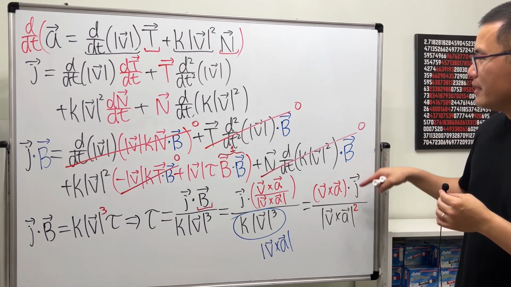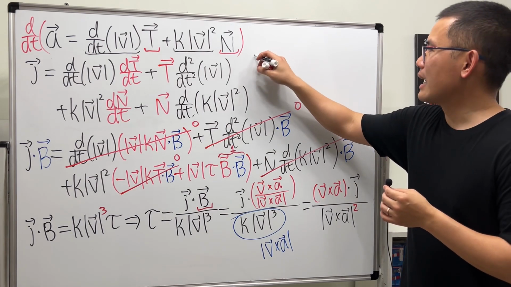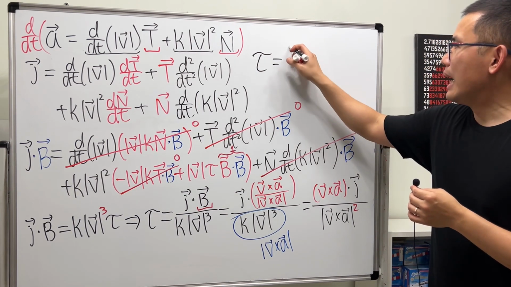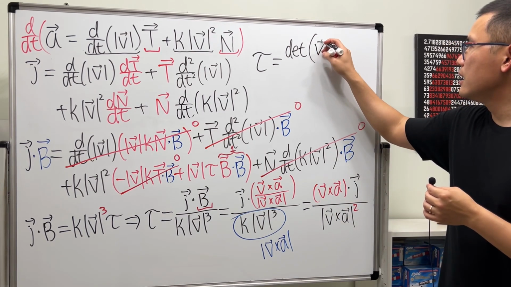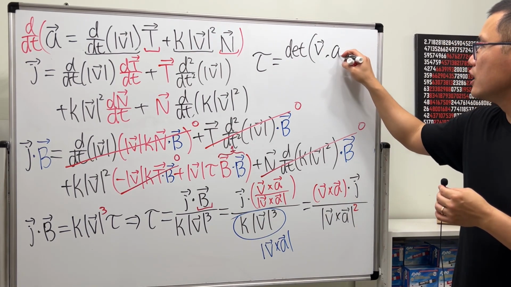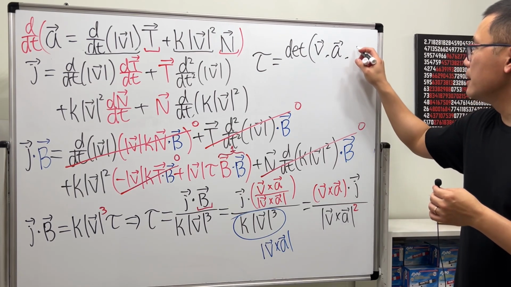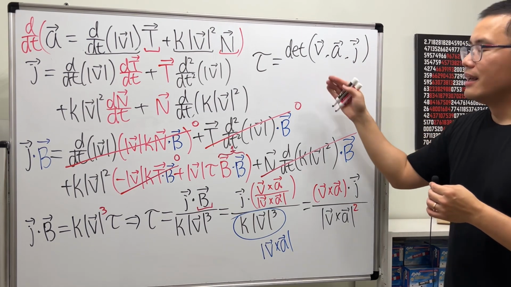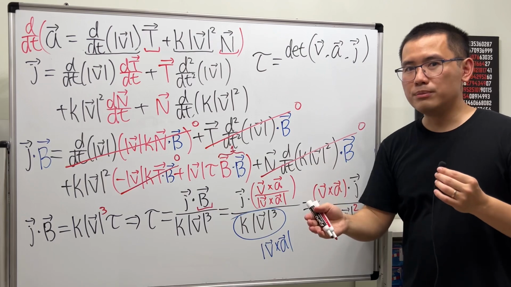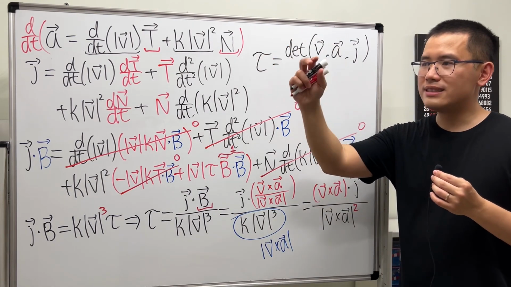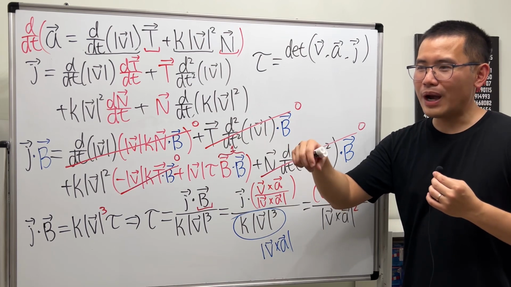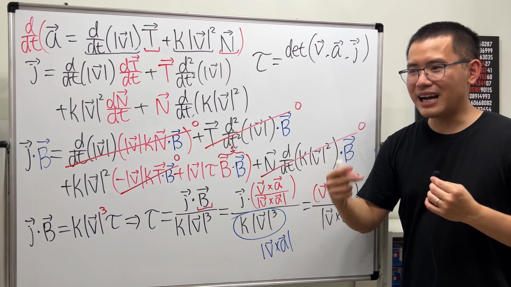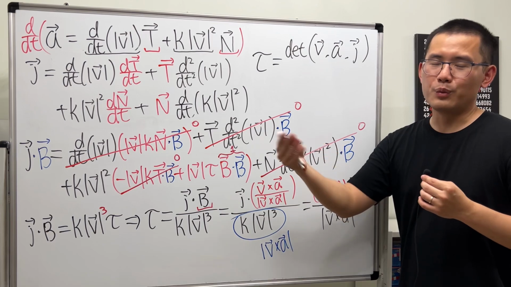So ladies and gentlemen, I'm going to write this as tau equals, I'm going to put down the determinant, and we set up v, and then a, and then j. So this means we have a 3x3 matrix with x dot, y dot, z dot, and then x with 2 dots, y with 2 dots, and z with 2 dots, and then the last row is the one with 3 dots.